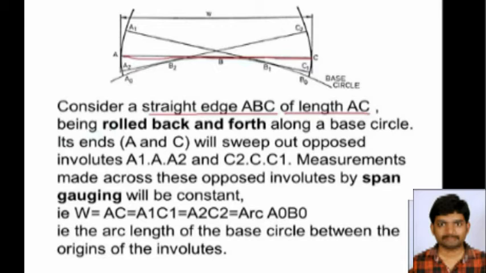So measurements made across these opposed involutes by span gauging will be constant. That means W equals AC, which equals A1C1, which equals A2C2, that is the arc A0B0. So that means the arc length of the base circle between the origins of the involutes.